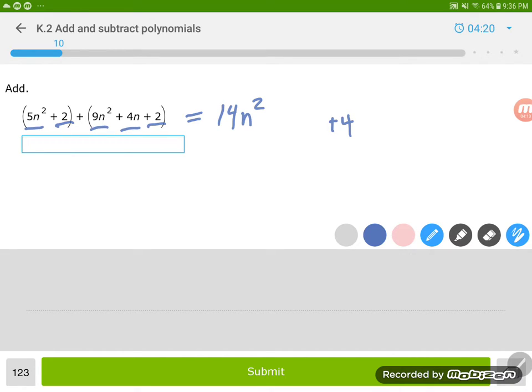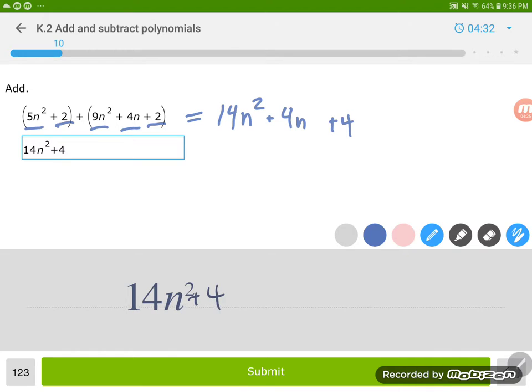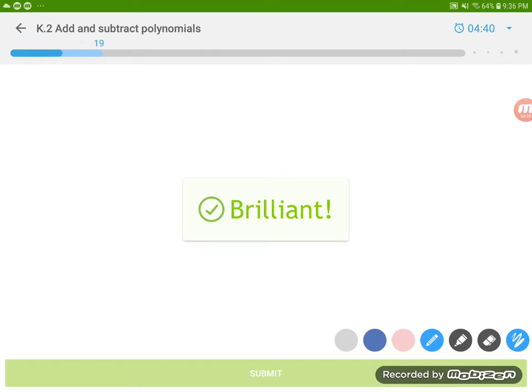It has no one to add with, so it just stays the same, and we have 4n right there. Okay, so this is going to be our final expression. All right, 14n squared plus 4n plus 4. Cool, looks good. Let's hit submit, and it is correct.